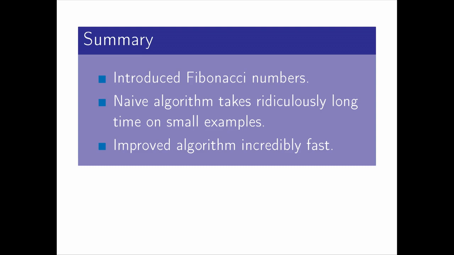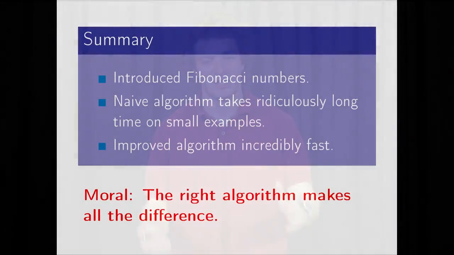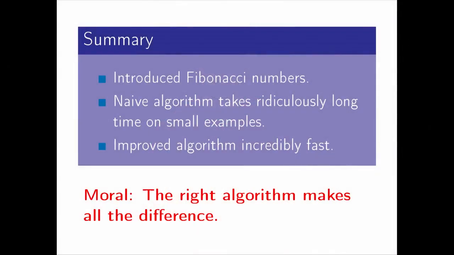It's incredibly fast, even on fairly large inputs, and it works quite well in practice. The moral of the story, the thing to really keep in mind, is that in this case and in many others, the right algorithm makes all the difference in the world. It's the difference between an algorithm that will never finish in your entire lifetime and one that finishes in the blink of an eye. And so that's the story with Fibonacci numbers.